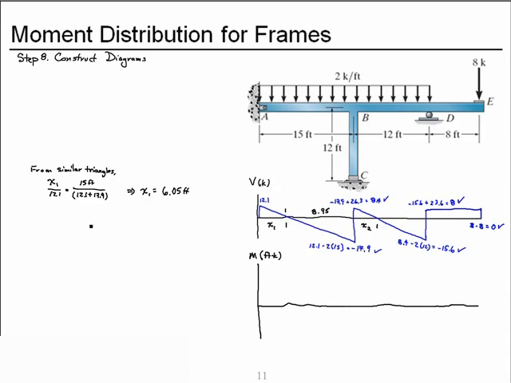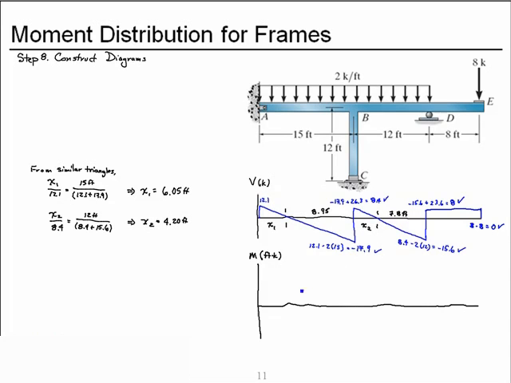Now for x2, the ratio of x2 to 8.4 kips will be the same as, for this triangle, the base of 12 feet over the 8.4 plus 15.6. Solve that and I get x2 is equal to 4.2 feet, which means that this portion is 7.8 feet.